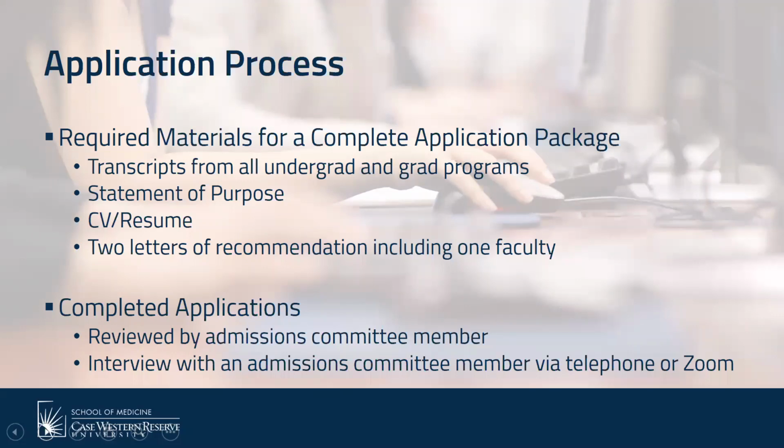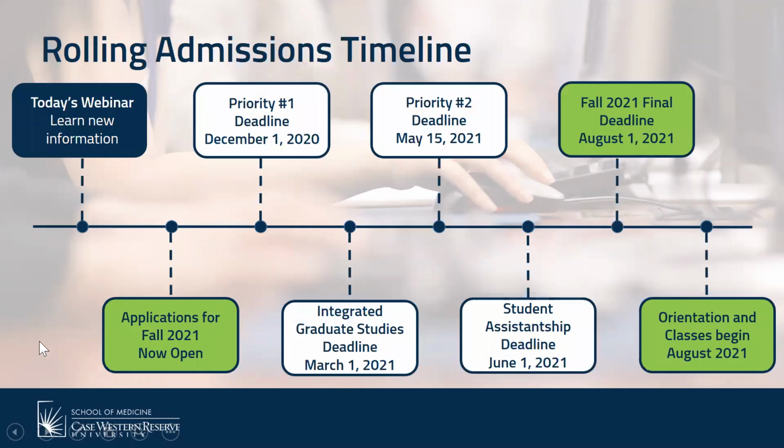Once we have your completed application, it's reviewed by a member of our admissions committee, and then you are interviewed by someone on our admissions committee via telephone or Zoom. A completed application can get processed very quickly, in 1 to 2 weeks. Given that we are approaching our final deadline, I'm going to move us to our next slide.